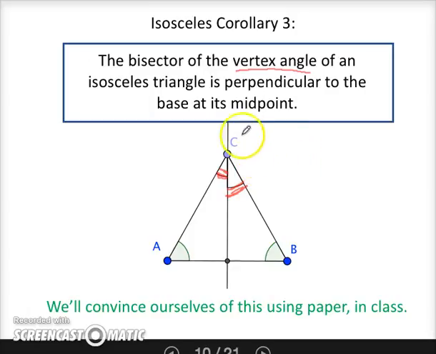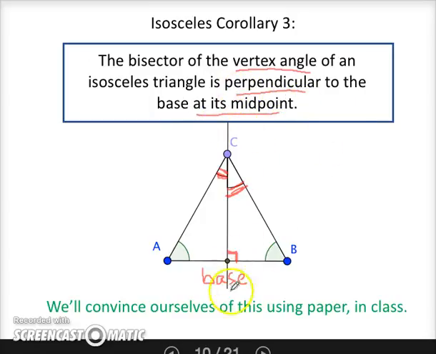So this theorem is telling us that this bisector, this line here, is perpendicular to the base. The base of the isosceles triangle is here. So the bisector of the vertex is perpendicular to the base at its midpoint. So we've gotten a lot of facts out of here.